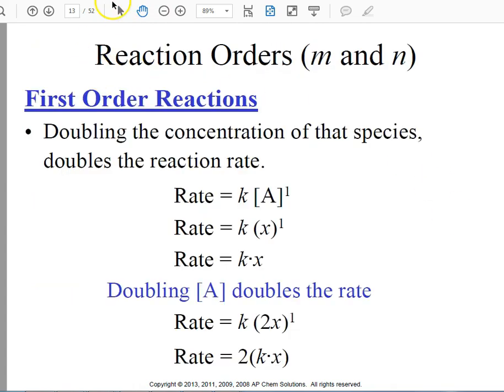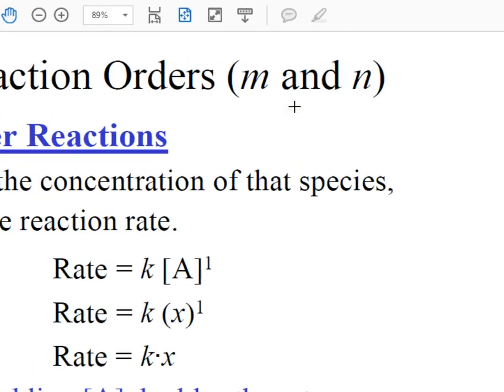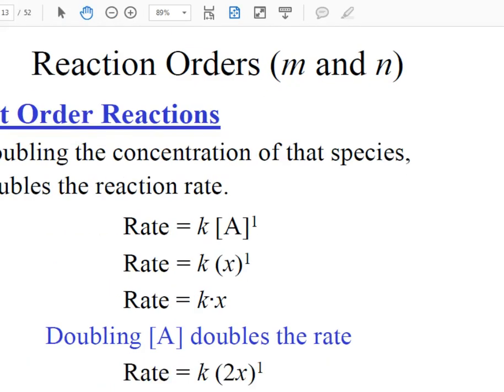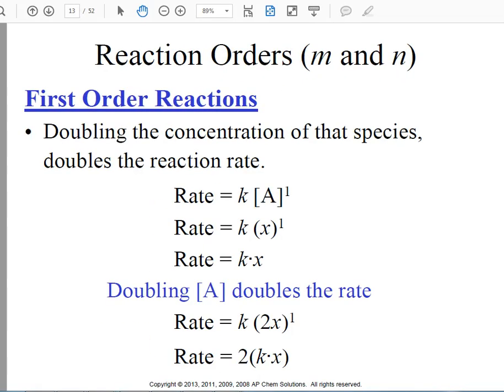Alright, first order. If something is first order, then changing its concentration has a direct effect on the rate.